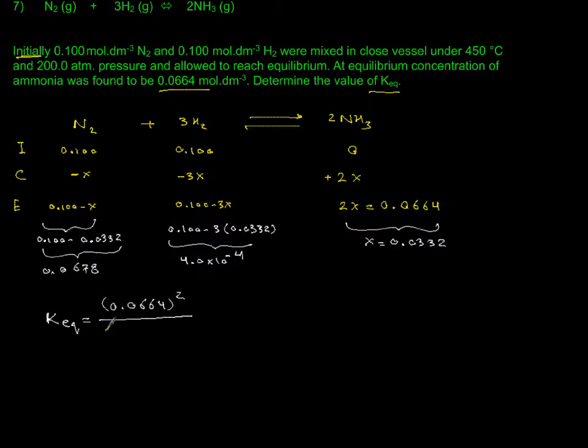For nitrogen, we have 0.0678, multiplied by hydrogen cubed, so 4 times 10 to the minus 4. And this will give you a humongous K equilibrium, 1.02 times 10 to the power 9.